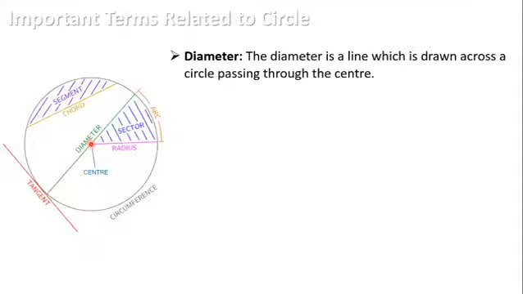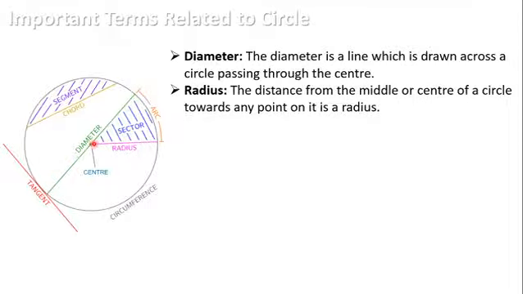The next one will be the radius. You can see the radius right here. We already mentioned that the radius is a line from the center of the circle to any part of the body or circumference of the circle. So it's the distance from the middle of a circle towards any point on the circle. That's what is called the radius. And you can see right here that the radius, if you had two of them set in front of each other, will form the diameter.